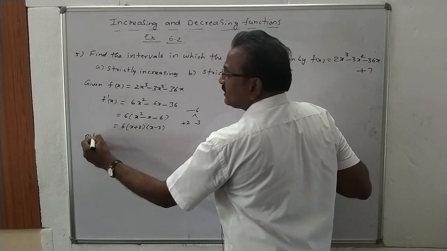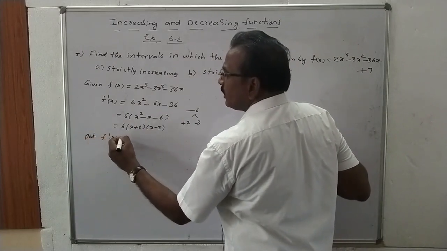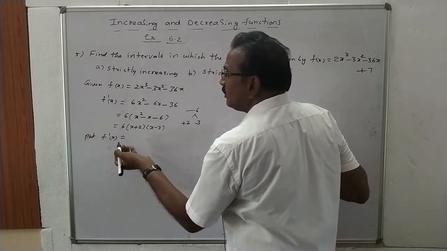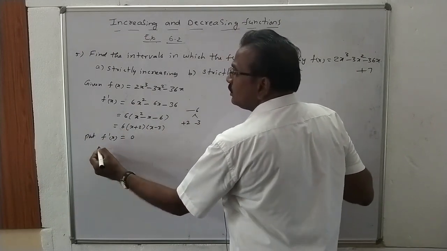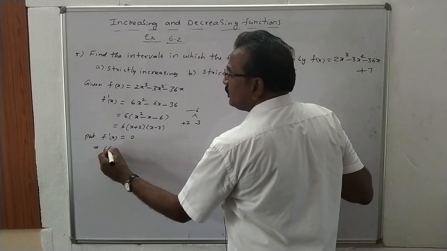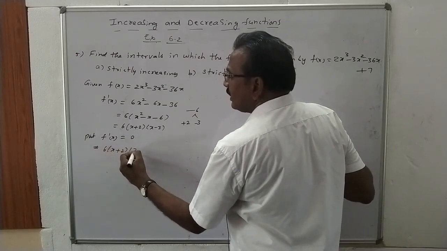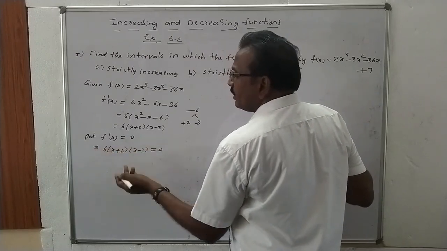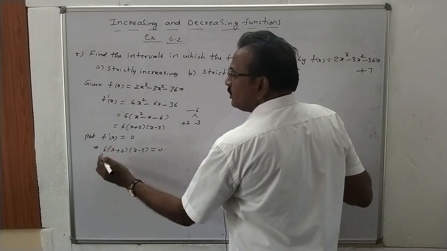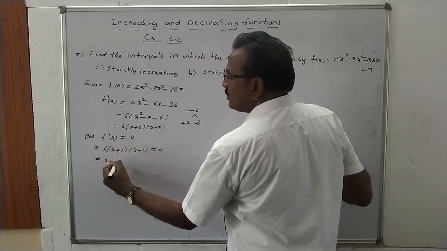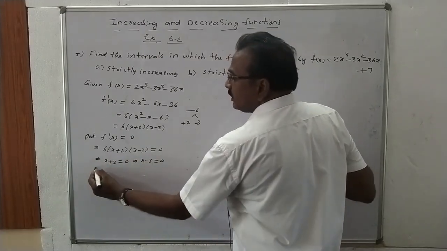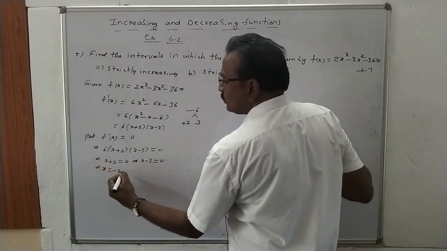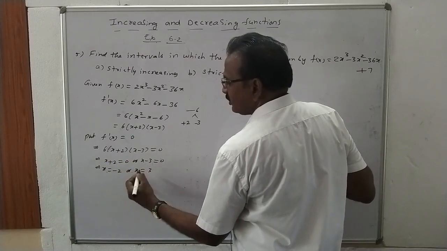Here put f dash x is equal to 0. We get the points on the real number line. F dash x is equal to 6 into x plus 2 into x minus 3 is equal to 0. Here 6 is not equal to 0. Implies x plus 2 is equal to 0 or x minus 3 is equal to 0. So that implies x is equal to minus 2 or x is equal to plus 3.